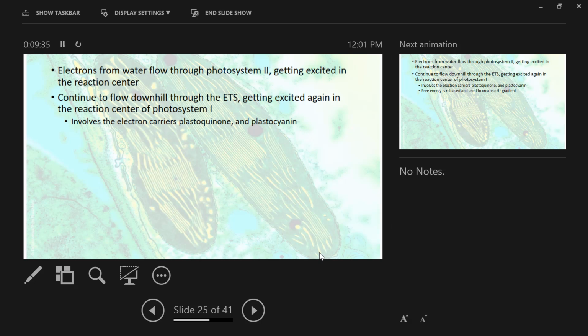It means plant. And then plastocyanin, another electron carrier. As electrons drop, they release free energy. And like in our electron transport system in cellular respiration, the cells use that energy to pump hydrogen ions against their concentration gradient.